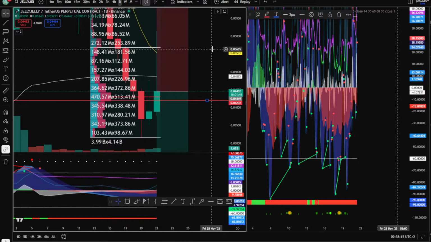Shorting a little bit more for this target. Okay. The first trade is live and well.